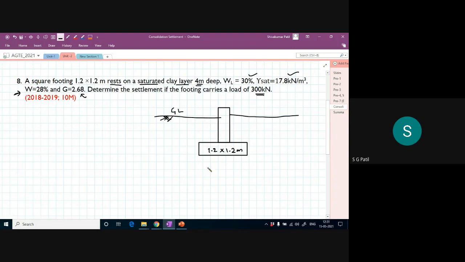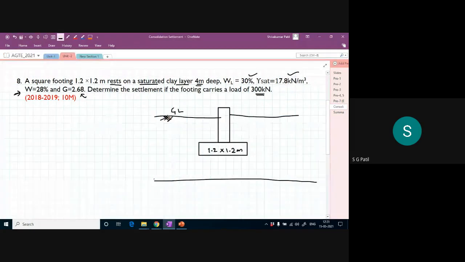It is resting on a clay layer of 4 meter deep. Okay, so this is 4 meter.